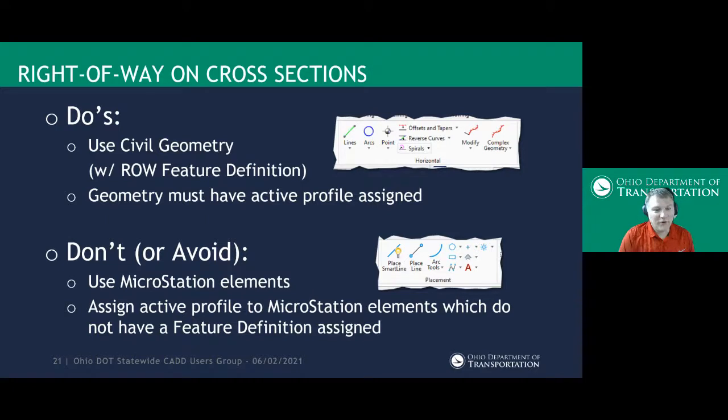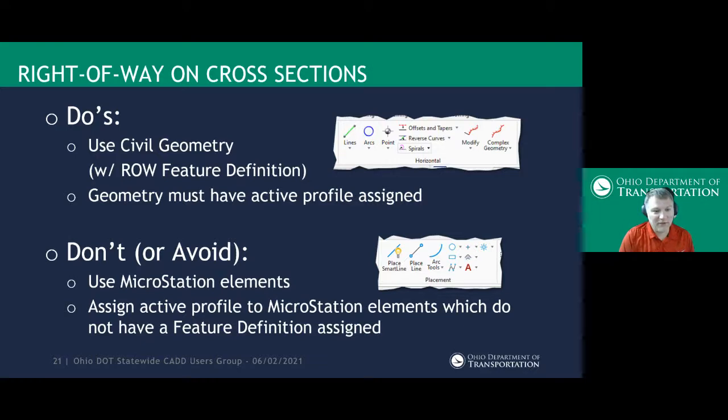At the bottom here, I have don'ts or really kind of avoids. Don't use MicroStation elements. This screenshot shows the MicroStation place line or place arc commands, the placement commands that are available. The reason I say that is you're going to have better luck with the civil geometry because you get their feature definition assigned.